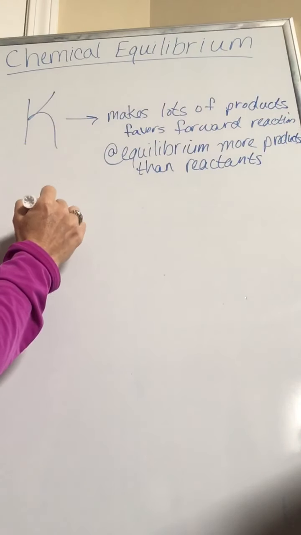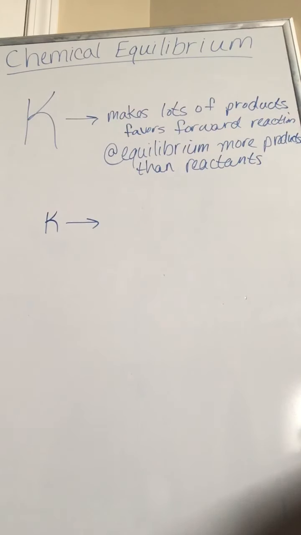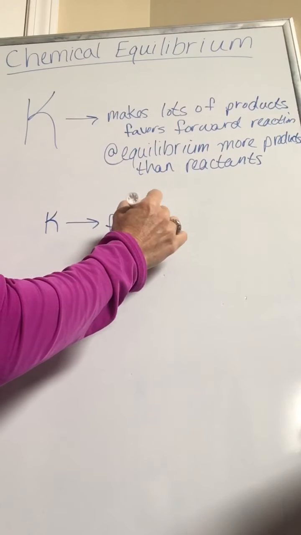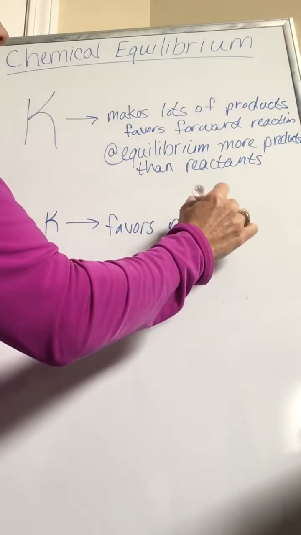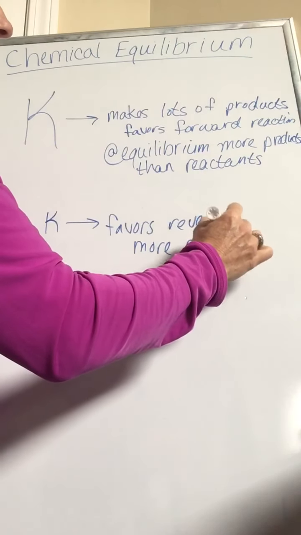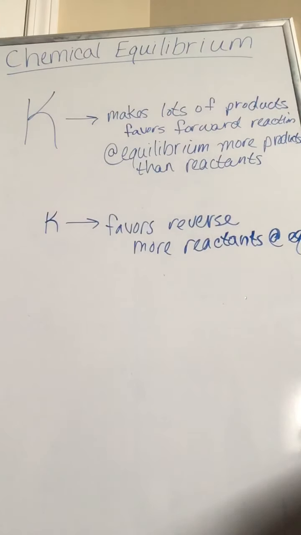Now obviously the reverse would be when the equilibrium constant is small, it favors the reverse. There would be more reactants at equilibrium. So those two should make sense. And like I said, I like the scale pictures on page 489 as well.